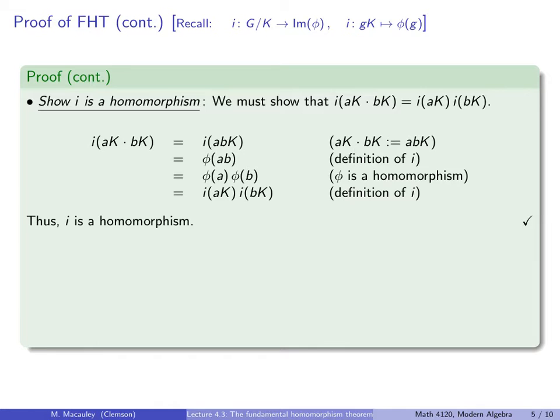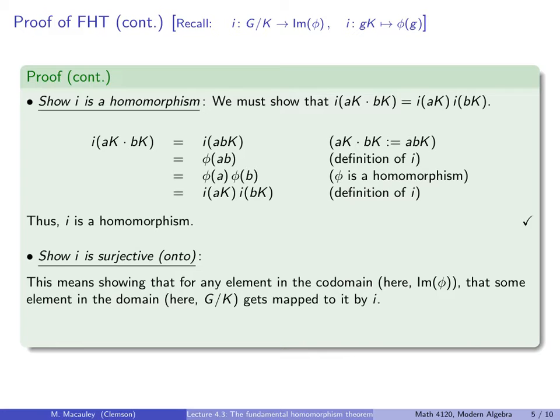Okay, so we have a well-defined homomorphism from G mod K to the image of phi. We have to show now that it's an isomorphism. So we have to show that it's onto and one-to-one. Let's do onto next. So what does this mean?